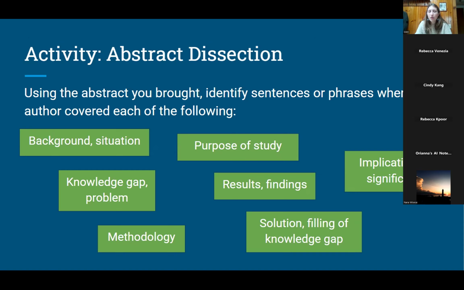So I want you to think about the background, setting up the situation, seeing if they identify the knowledge gap, the purpose of the study, results, methods, and maybe their larger implications.